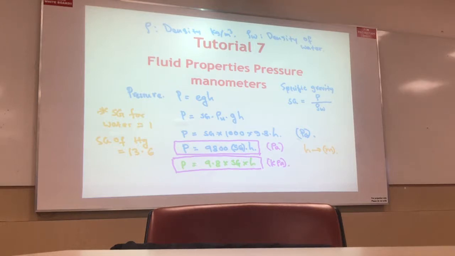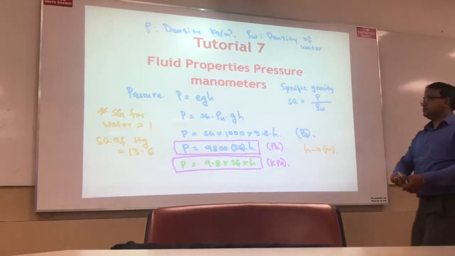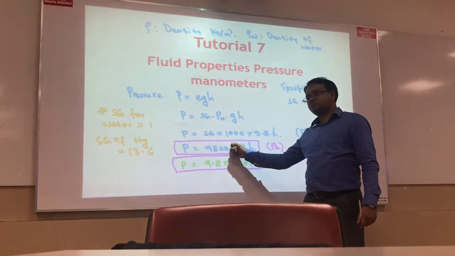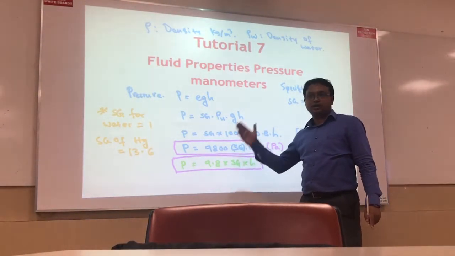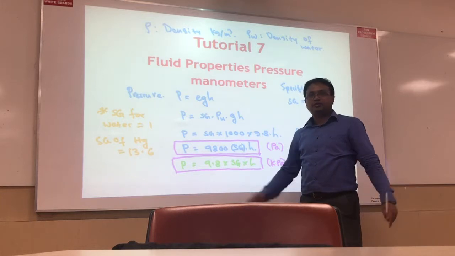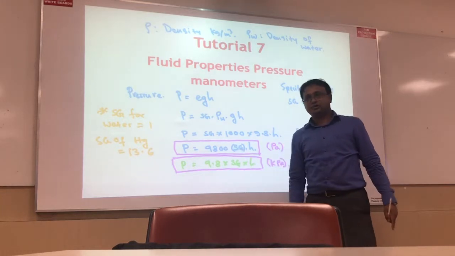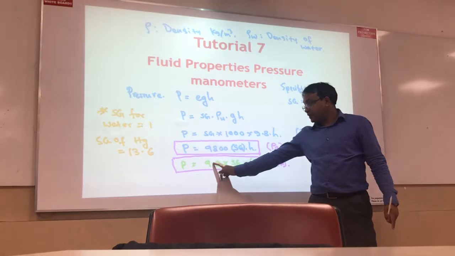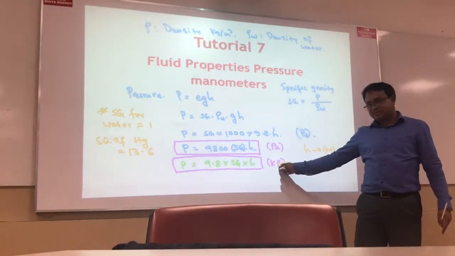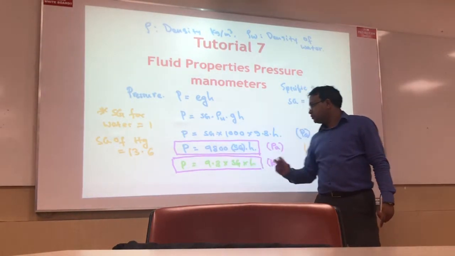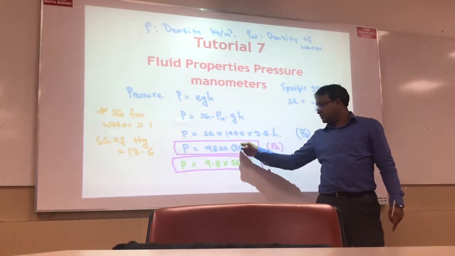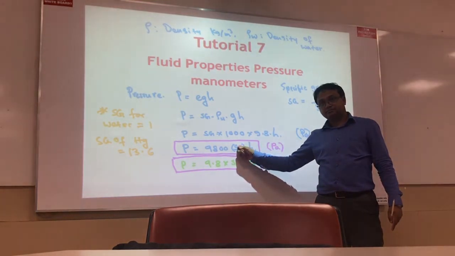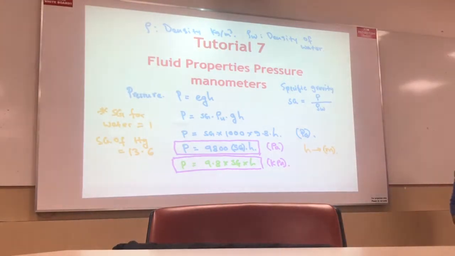Because I am using directly pressure 9800 times specific gravity times H. I am not writing P1, P2, no need. If you write 9.8, unit is kilopascal. If you write 9800, unit is Pascal. Remember, in that case, specific gravity must be given. Alright?